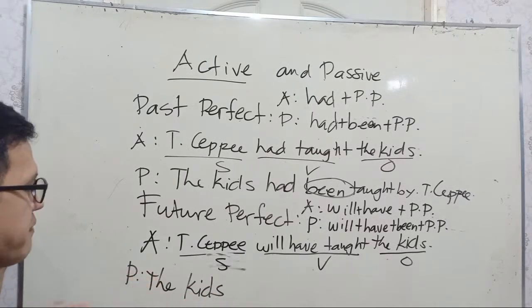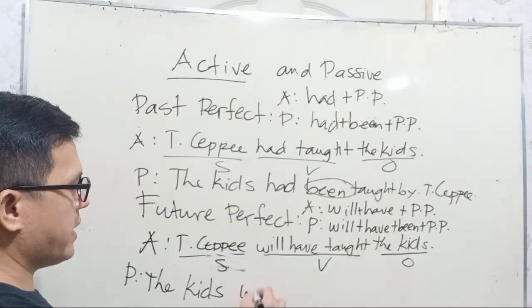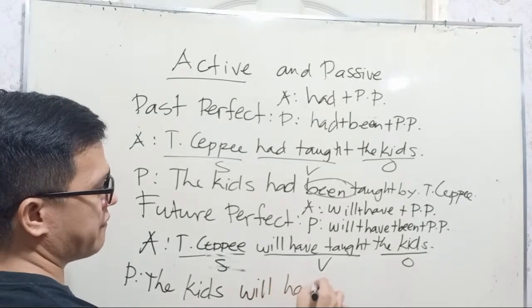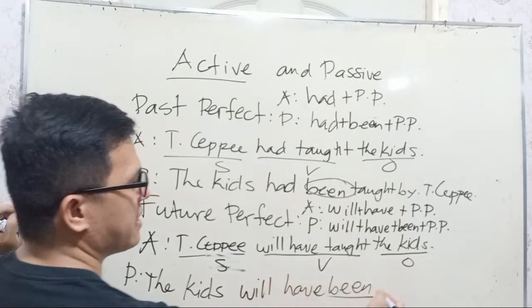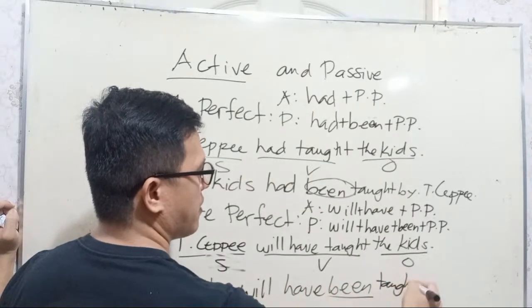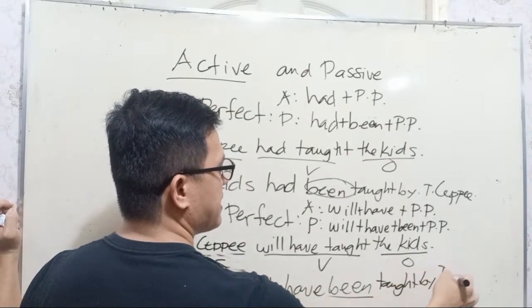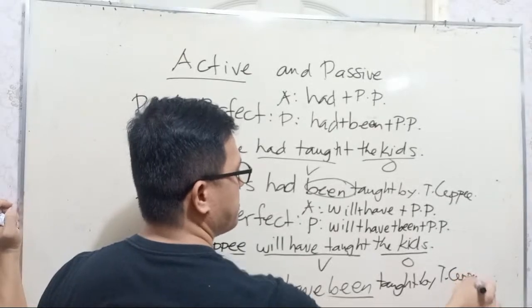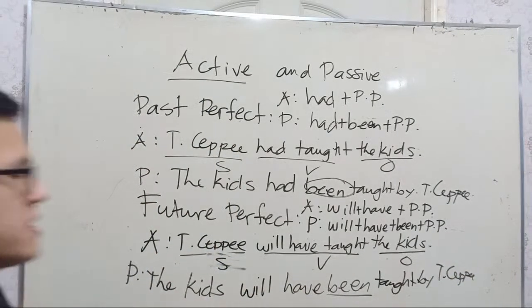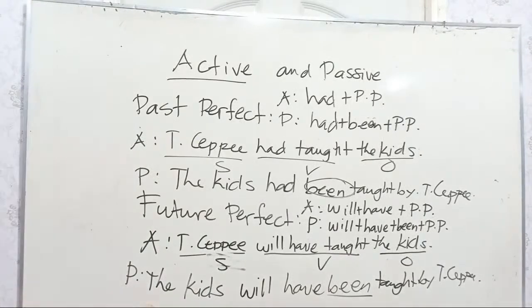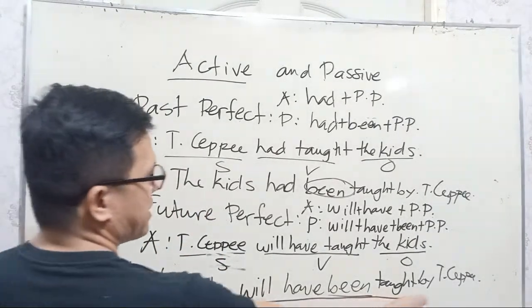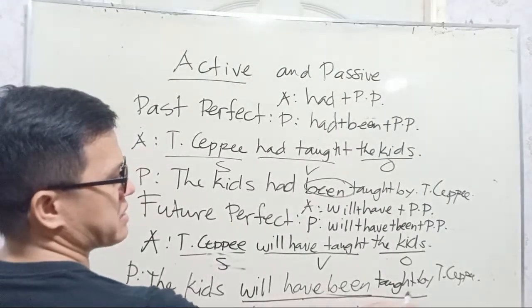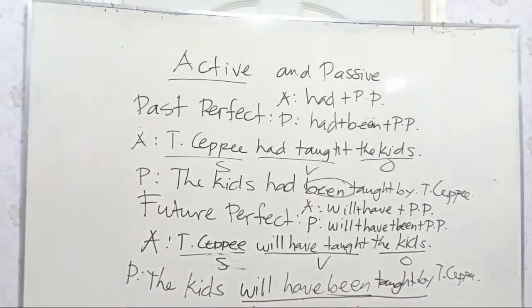So we say, the kids will have been. We just add been here. Will have been taught by Teacher Seppi. There we go. So this is our sentence for the passive form of the future perfect tense. Look at this. We always have will plus have plus been plus the past participle of the verb. That's the base structure here.